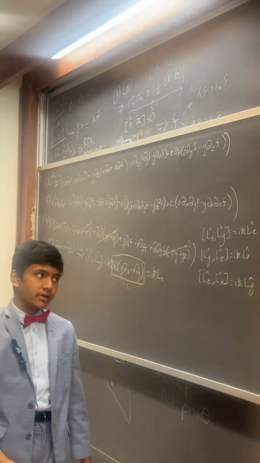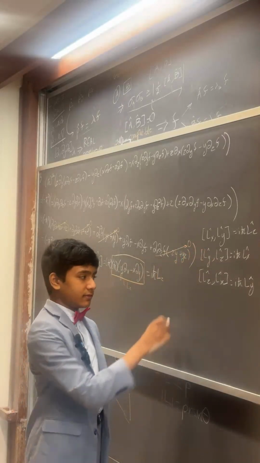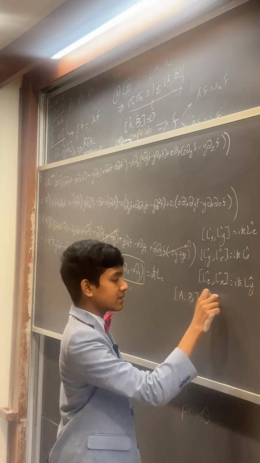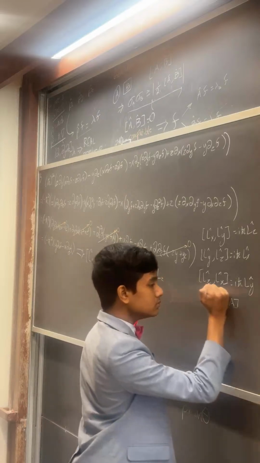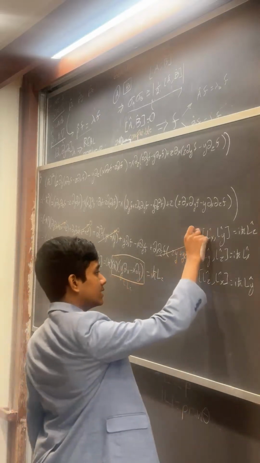And for the other three operators, they're simply the reversed versions of these. If the commutator of A and B is something, then the commutator of B and A is its negative. So here we go. These are the commutators.